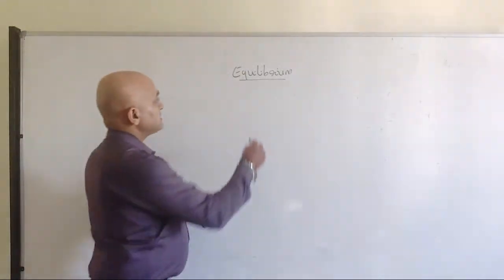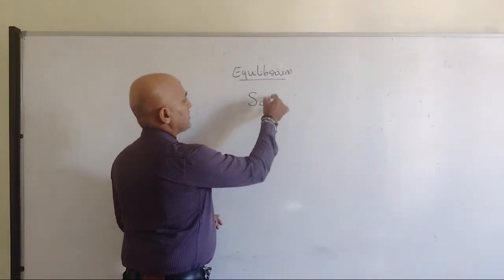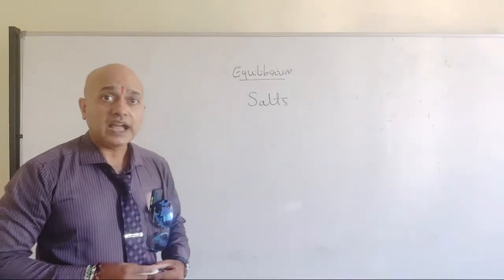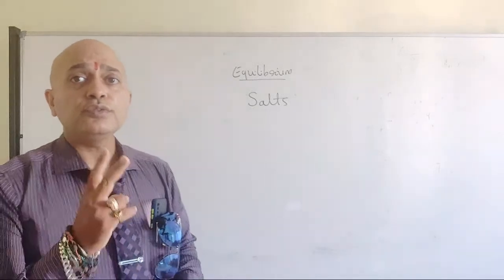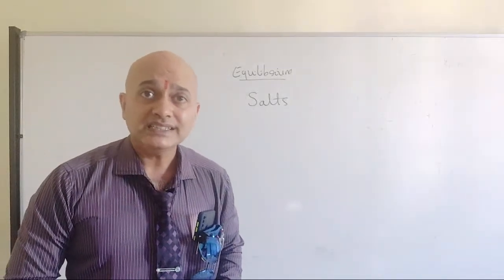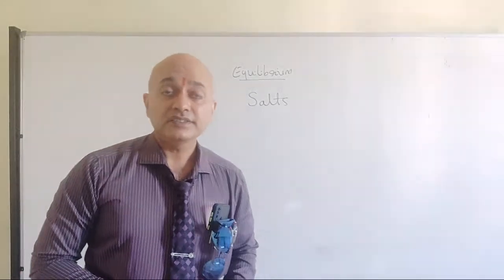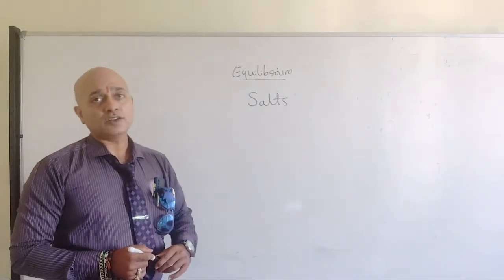We have not discussed salts yet. Now, all of us know that salts have two ions together, one a cation and one an anion.